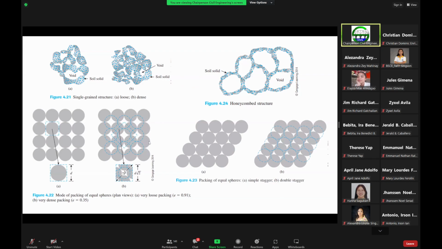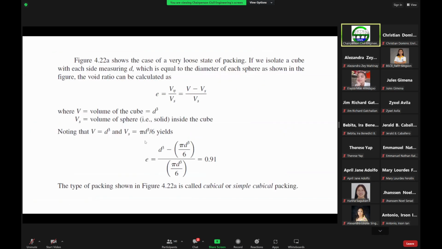Then with that one, the void ratio can be calculated as the volume of voids over the volume of solids.